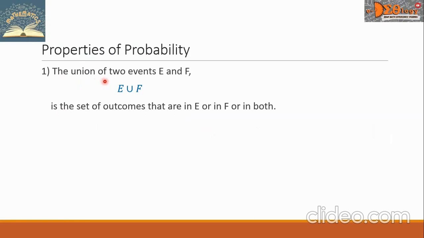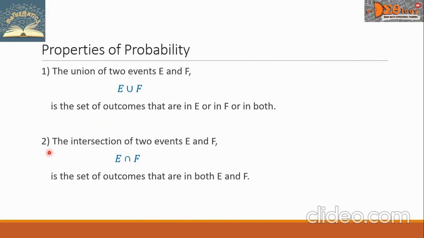The union of two events, E and F, denoted by E union F. Take note that the union is symbolized by U, is the set of outcomes that are in E or in F or in both.